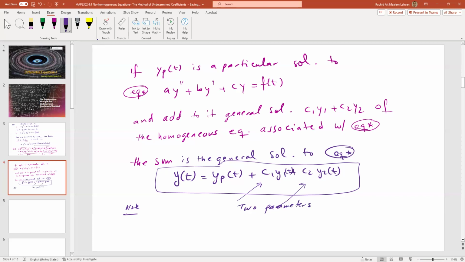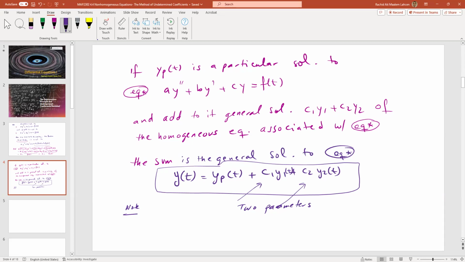And as we discussed in the past, that means we need to choose 2 equations, with 2 initial conditions to solve for these and come up with them.